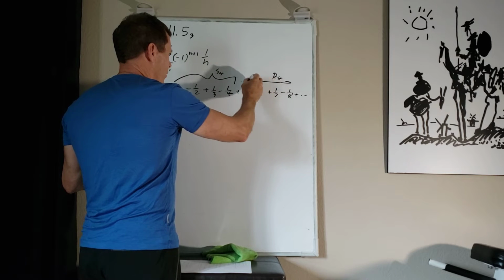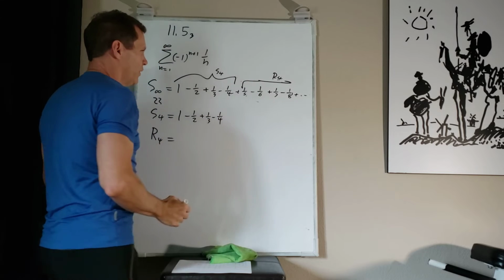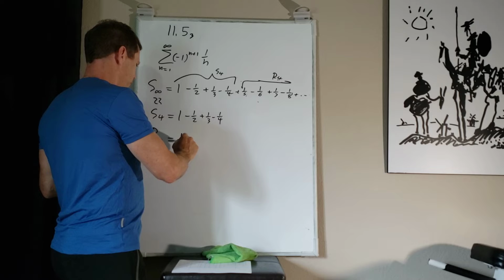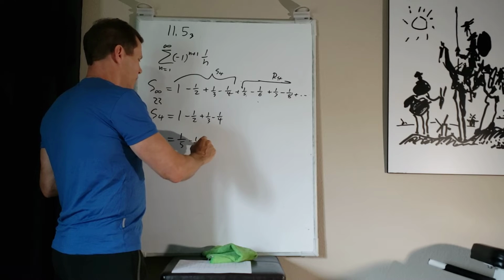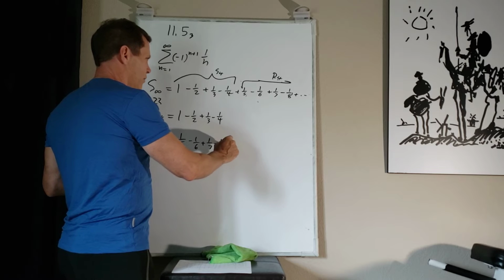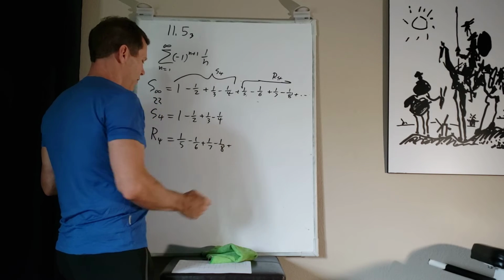That's S4, and this is R4, the next one. So R4 is going to be 1/5 minus 1/6 plus 1/7 minus 1/8 plus 1/9.